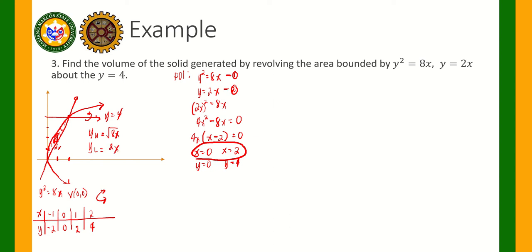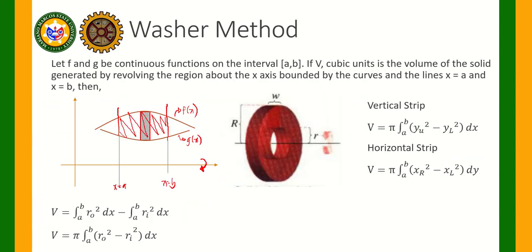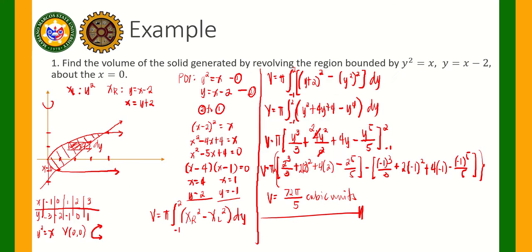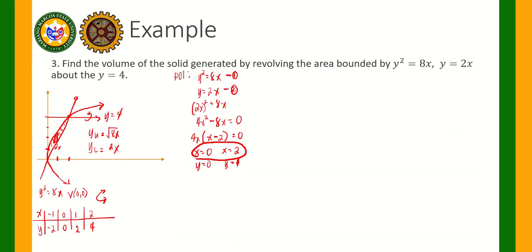However, take a look at this one. Our general formula is R outer squared minus R inner squared, and R is the distance of the strip to the axis of rotation. So this is our strip.